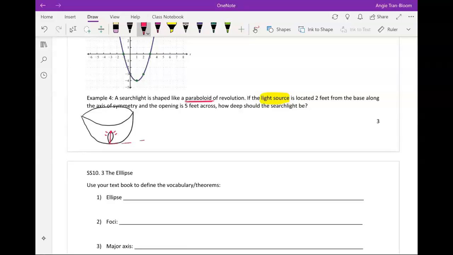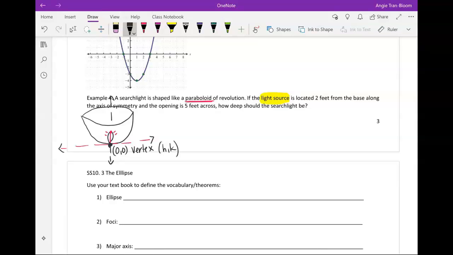So we're going to make the base at the origin because it's just the easiest location. So the base is at the origin, 0, 0, which is your vertex, which is your h, k. So when the base or the vertex is at the origin, h and k will always be 0, 0.